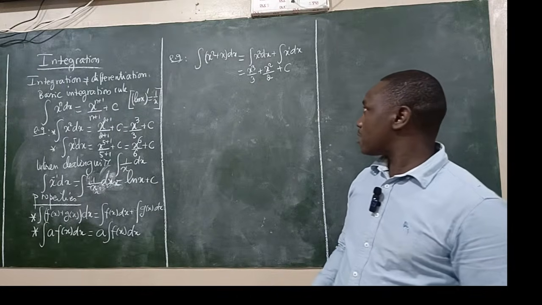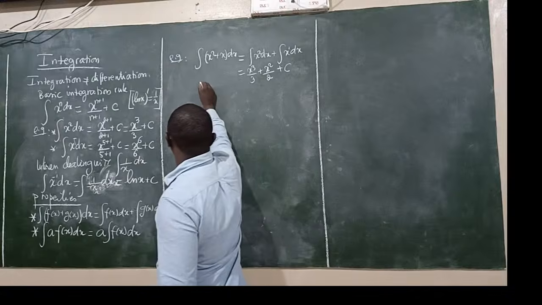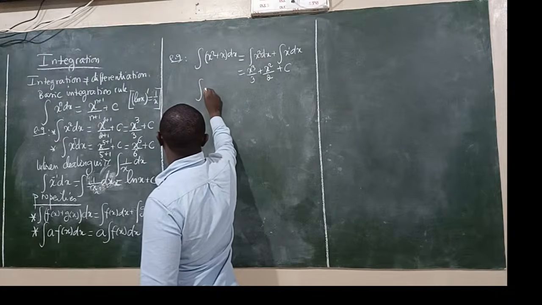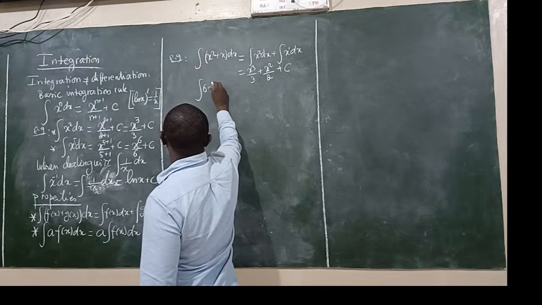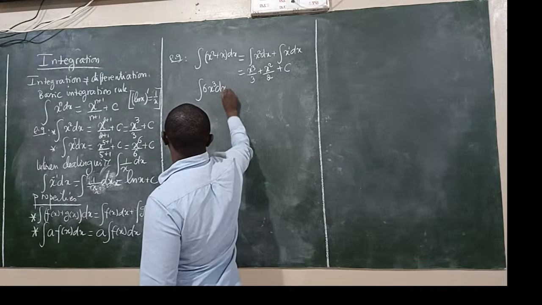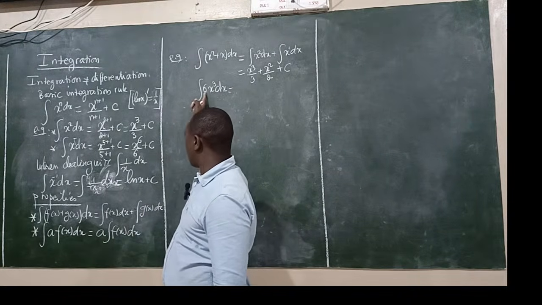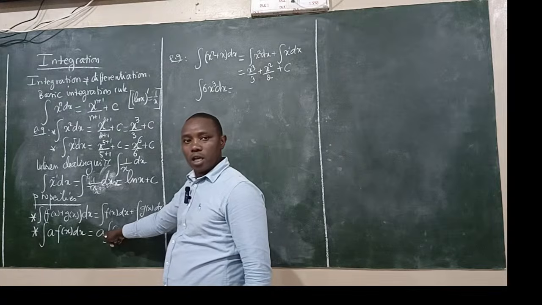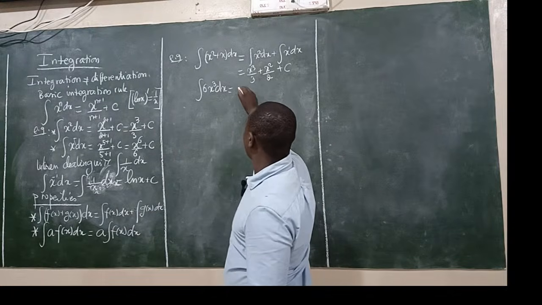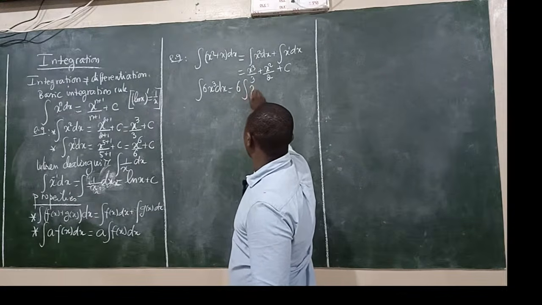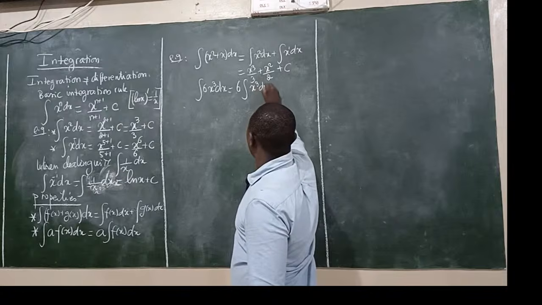Now the next is the example of the integral of 6x to the power of 3 dx. As you saw, we take out the 6 as you took out a. Here is 6 times the integral of x to the 3 dx.